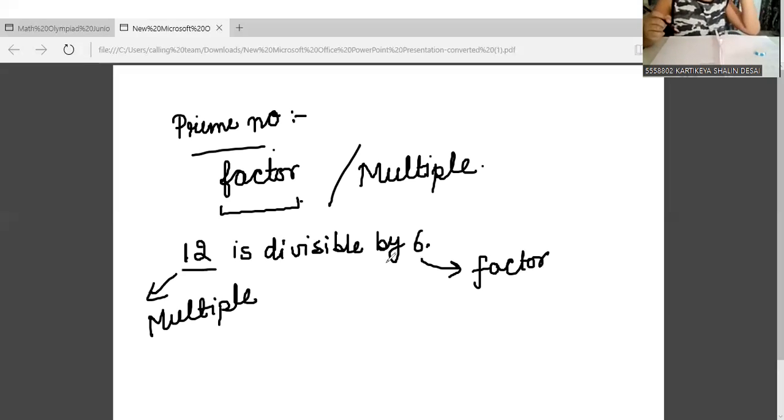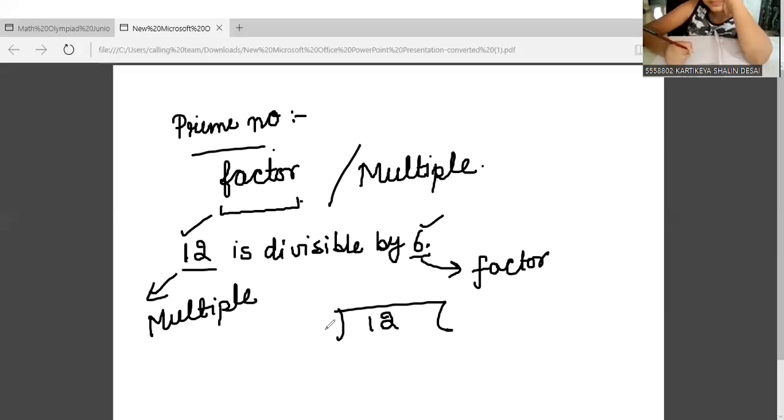So 12 is a multiple of 6 and 6 is a factor of 12. If you write any number as a dividend, with a divisor, and the remainder comes out to be 0, then this dividend is called a multiple, and the divisor is called a factor.